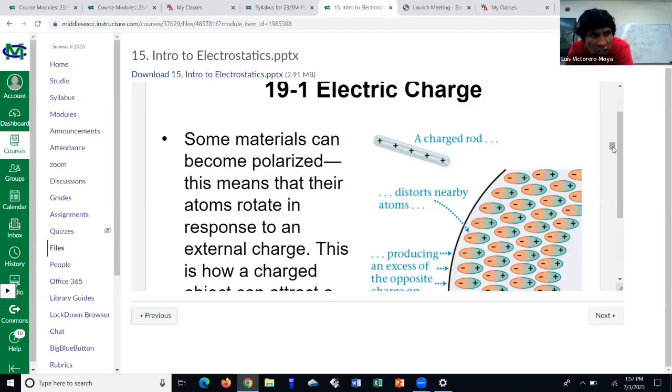If you have a positively charged rod made of any material, and you place it nearby a sphere, it can be conductive, it can be an insulator, then you will see that the atoms are distorted, where the positive charge will be pushed away from it, and the negative will be pulled towards the positively charged rod. And then later on, we can use this to charge objects by induction, without direct contact or conduction.